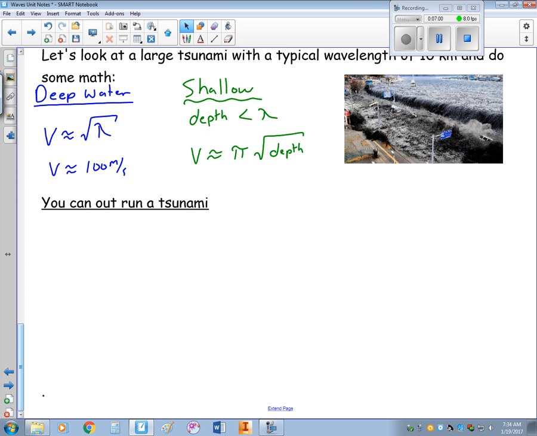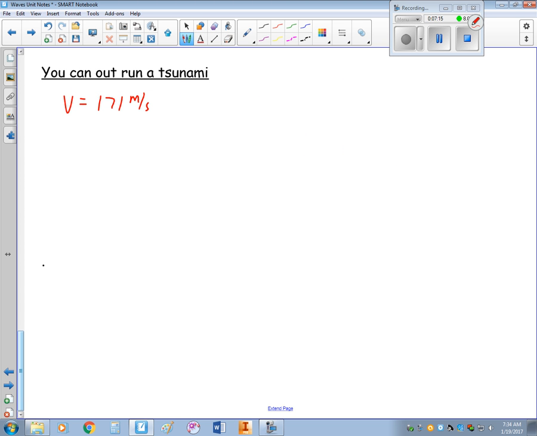What's nice though is that you can outrun a tsunami. So a typical velocity for a tsunami is 171 meters per second. And let's say that our tsunami has a wavelength of 30 kilometers.